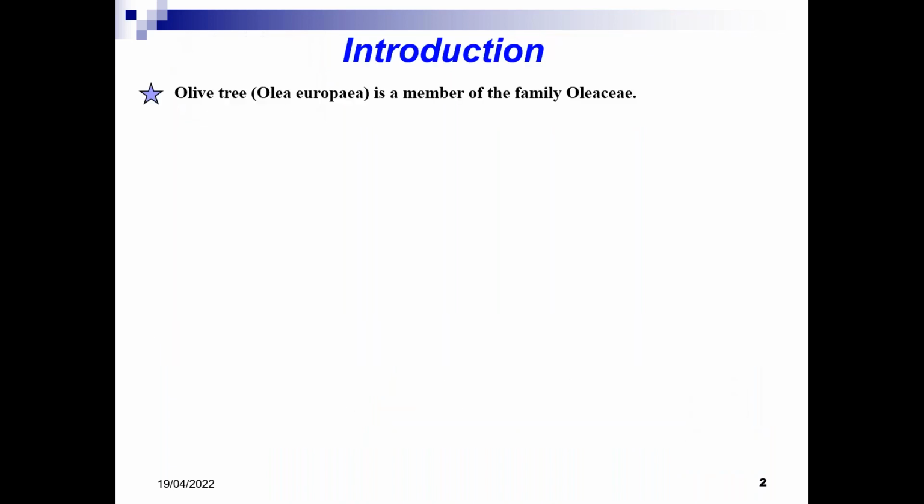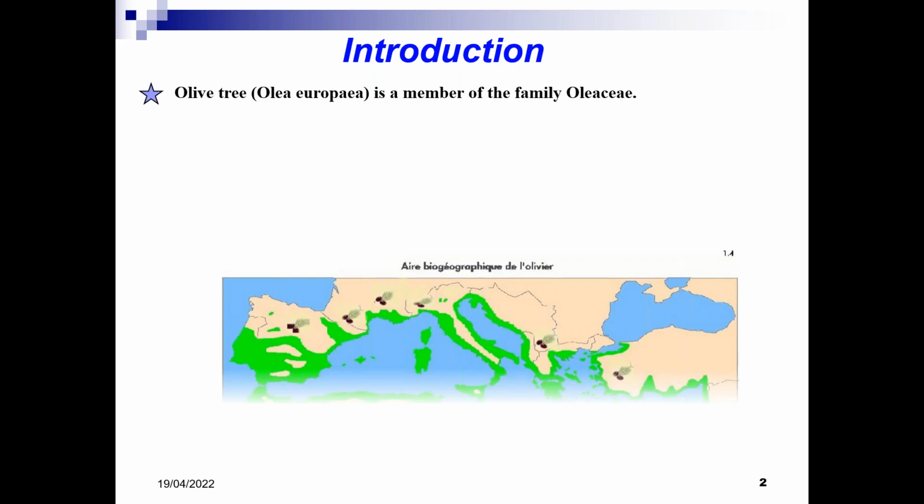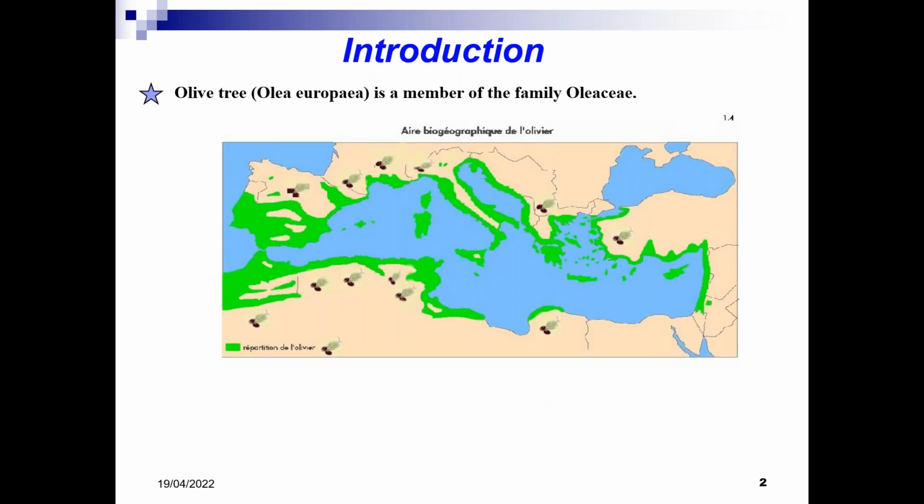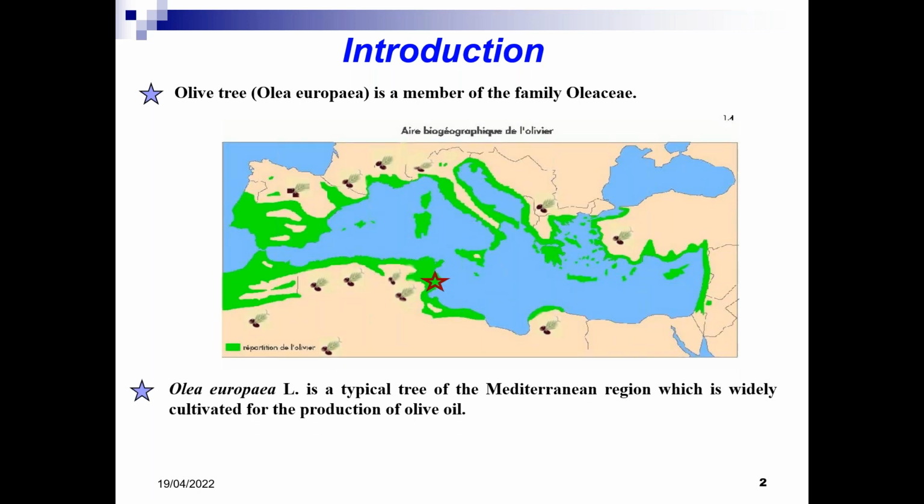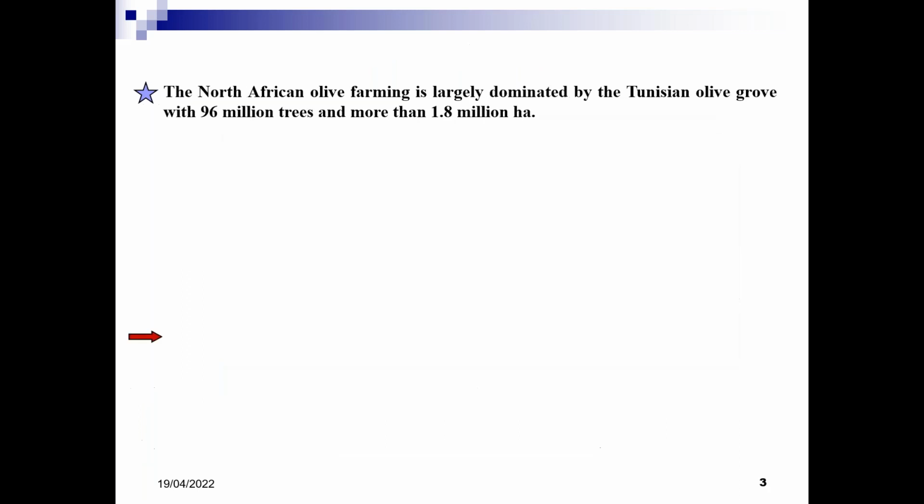As an introduction, the olive tree is a member of the family Oleaceae, a typical tree in the Mediterranean region which is widely cultivated for the production of olive oil. The Mediterranean region has 98% of the olive trees in the world. The star on the map is Sfax, my town.